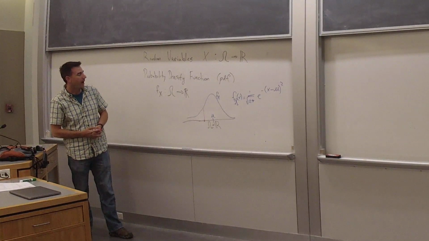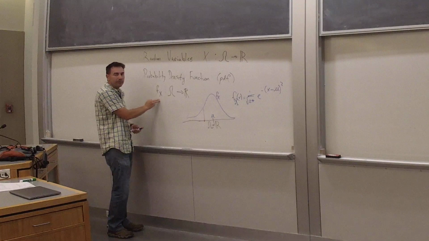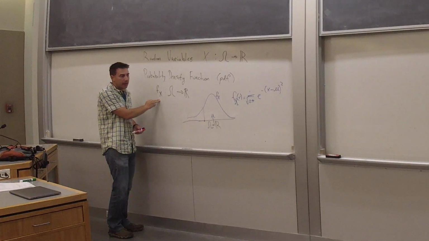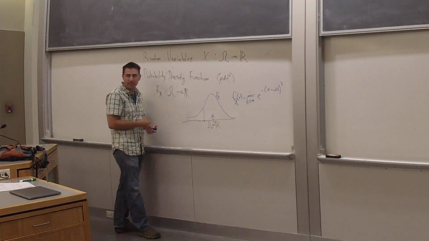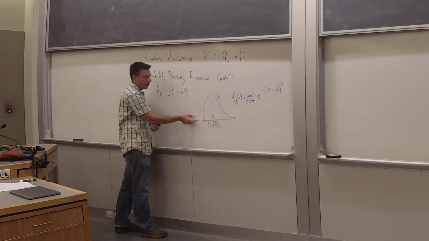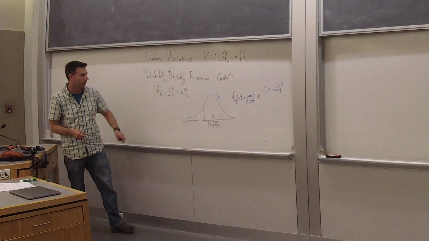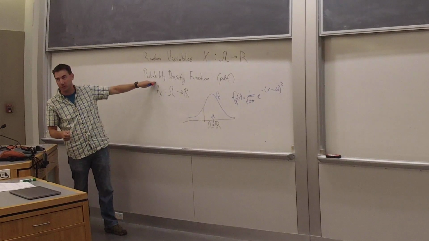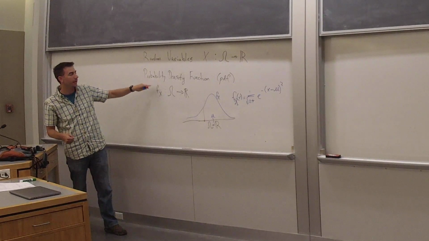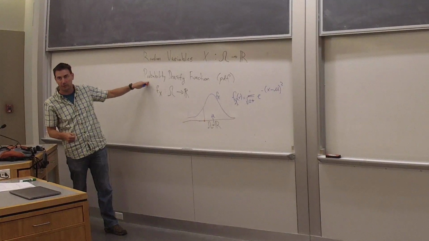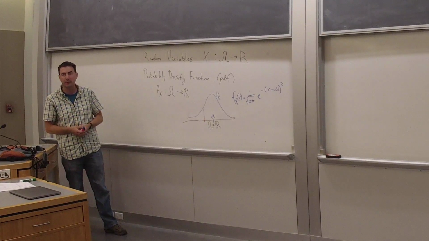Okay, so now I can think of a random variable in this way. This is an example of a random variable x, where the height function is the probability density function. This is a continuous random variable.